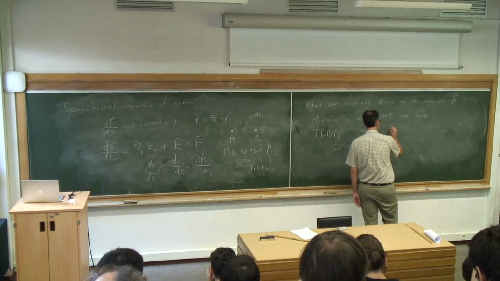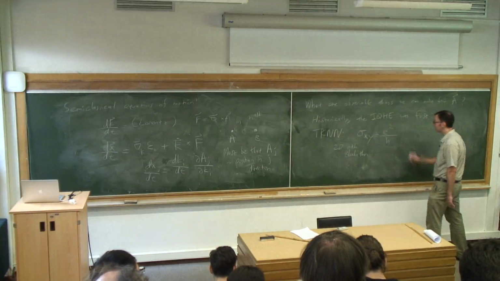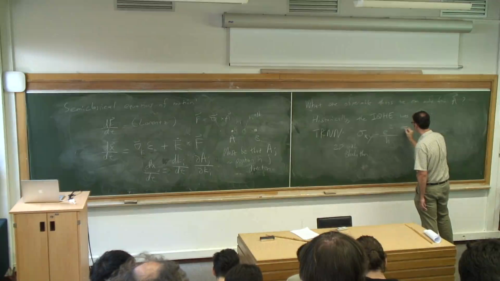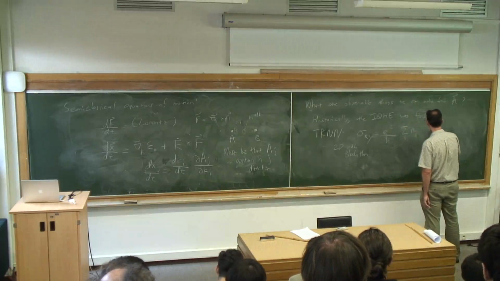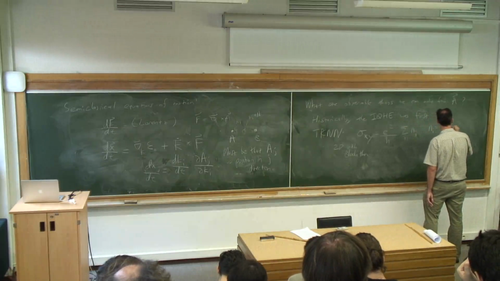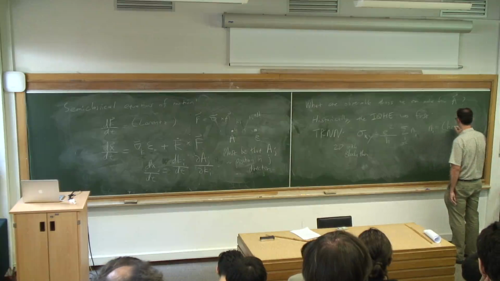Then there's an e squared over h, and this multiplies the sum over i of n sub i, where n sub i are the Chern numbers, and I'm only going to sum over occupied bands.